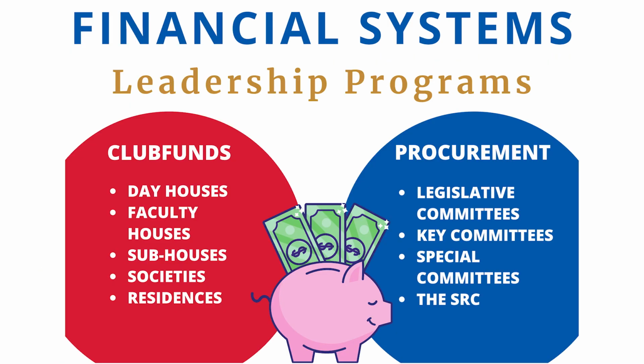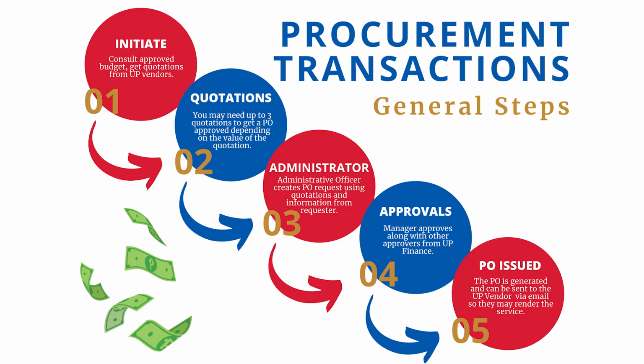Now, on the other hand, if you're part of a legislative committee, key committee, special committee, or the SRC, your structure makes use of the university's procurement system. For these structures, you will exclusively make use of the purchase order or PO system. A purchase order, or PO, is a formal document generated before a service is rendered by a UP vendor.